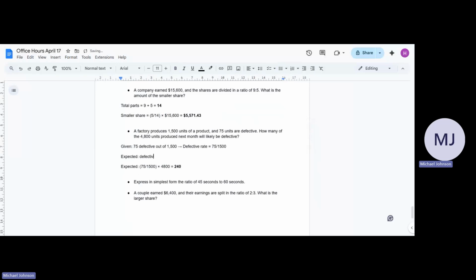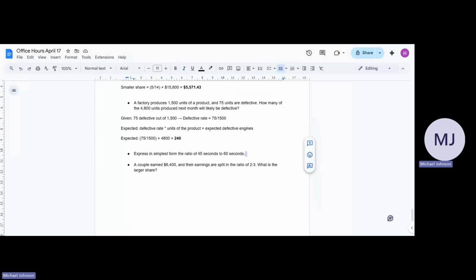You do defective rate times units of the product equals expected defective units. So it'd be 75 divided by 1,500 times 4,800 equals 240. So that's how you would get that there.